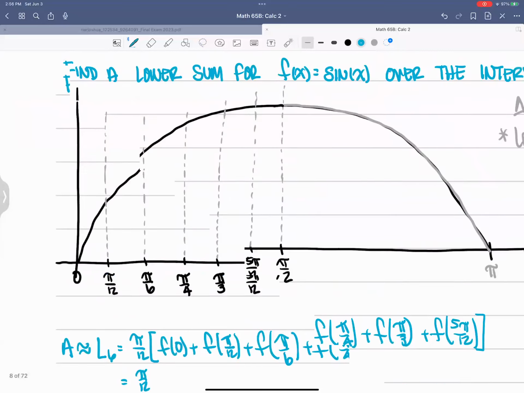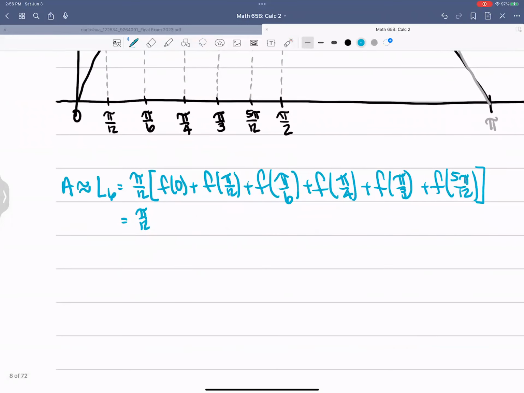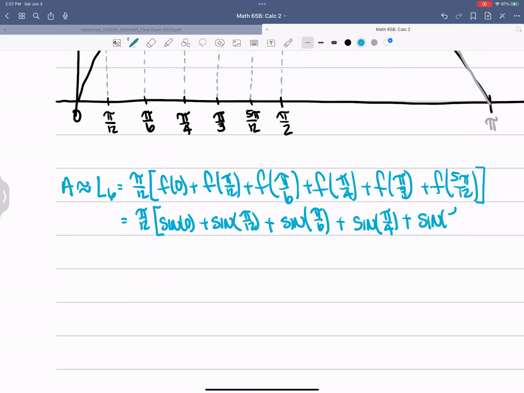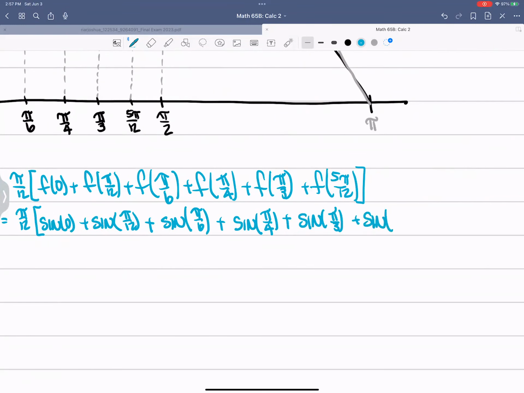All right, what was our function? Our function was just sine of x. So sine of 0 plus sine of pi 12 plus sine of pi 6 plus sine of pi over 4, sine of pi 3, and lastly, sine of 5 pi over 12.